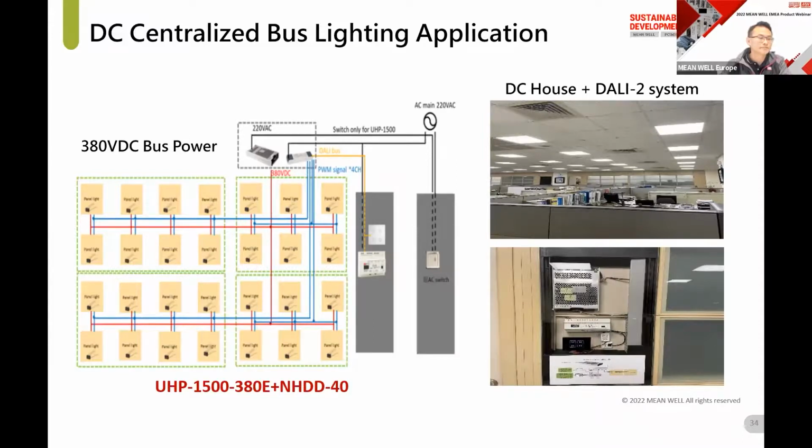A DALI dimmer sends a command to the DLC, and the DLC passes the command to the DAP. Then the DAP generates a PWM-style signal to drive an HDD. From this demo, you can see the whole office lighting is running in a centralized DC bus structure.